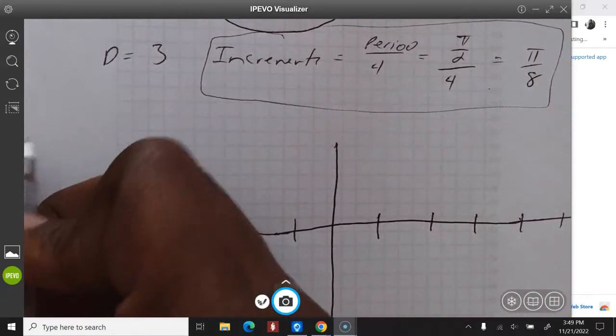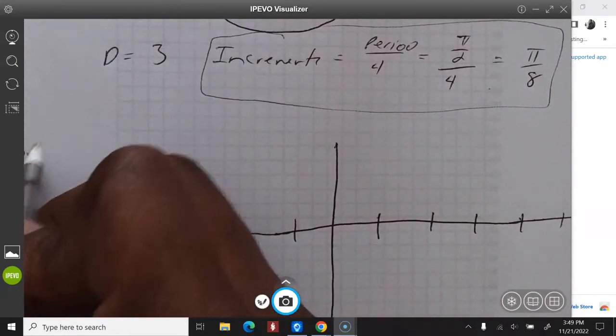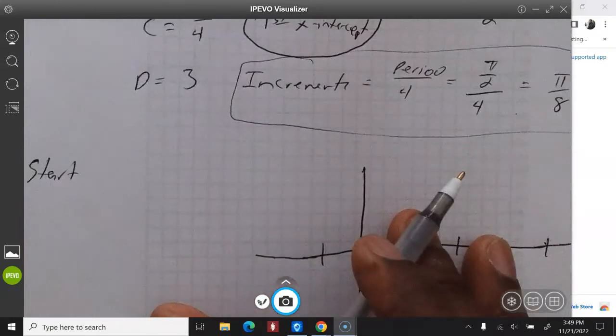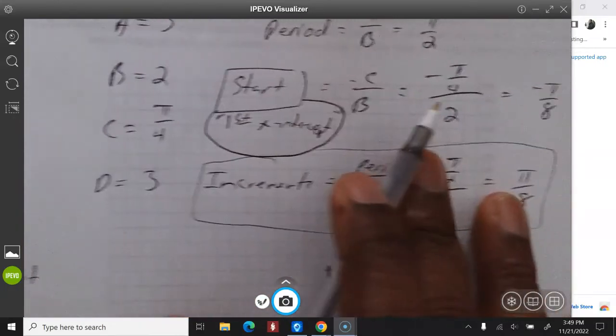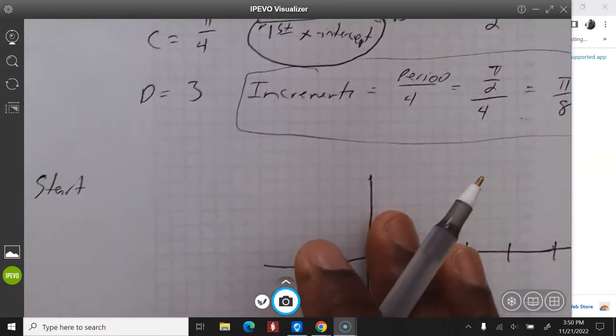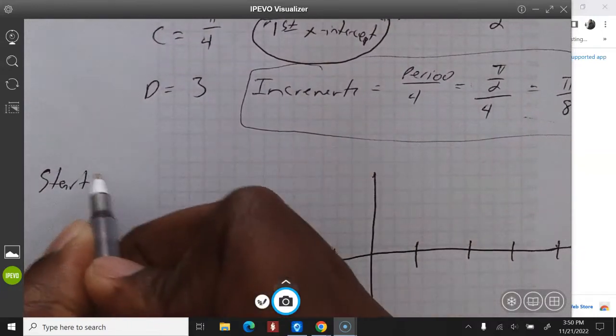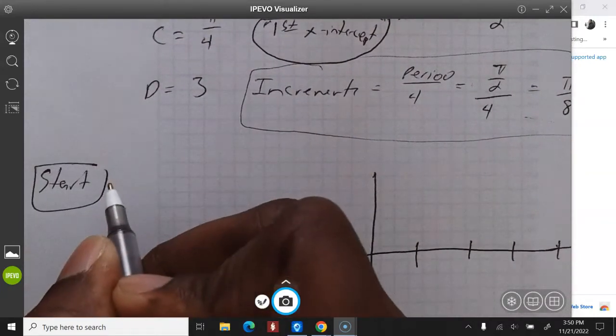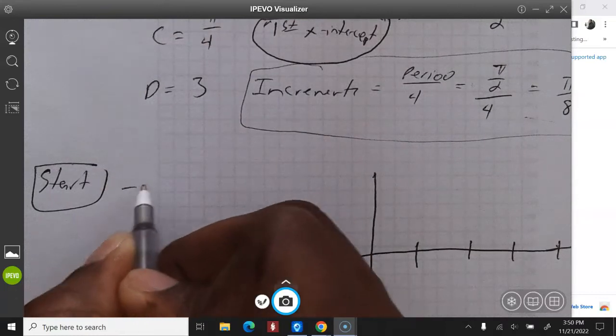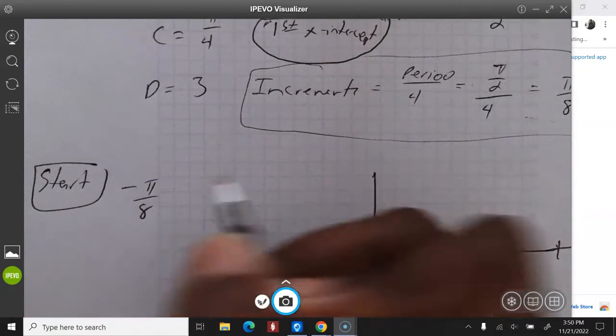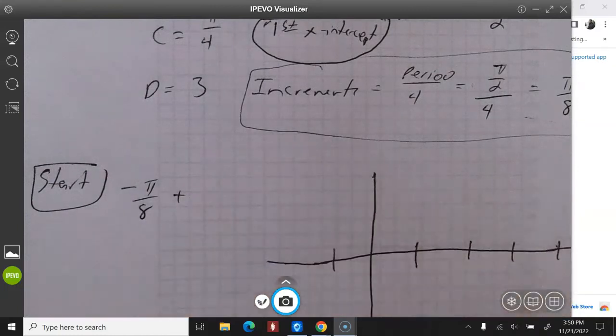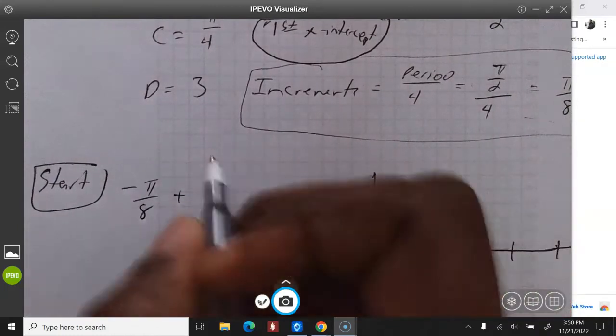Where we're going to find that is, we use our start. In this problem, the start was at negative pi over 8. So we take that place, which is negative pi over 8, and I'm going to add an increment to it, plus one increment over, which is pi over 8.